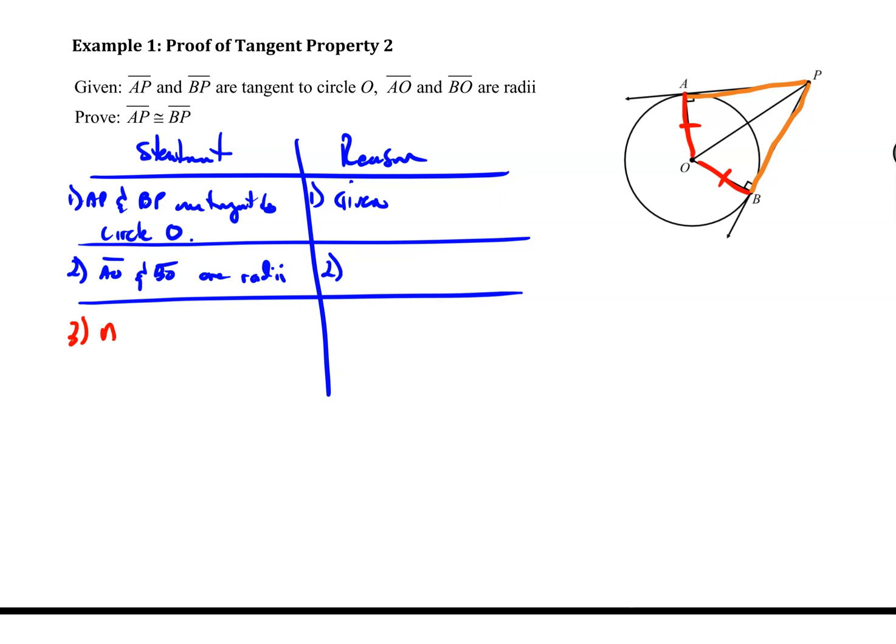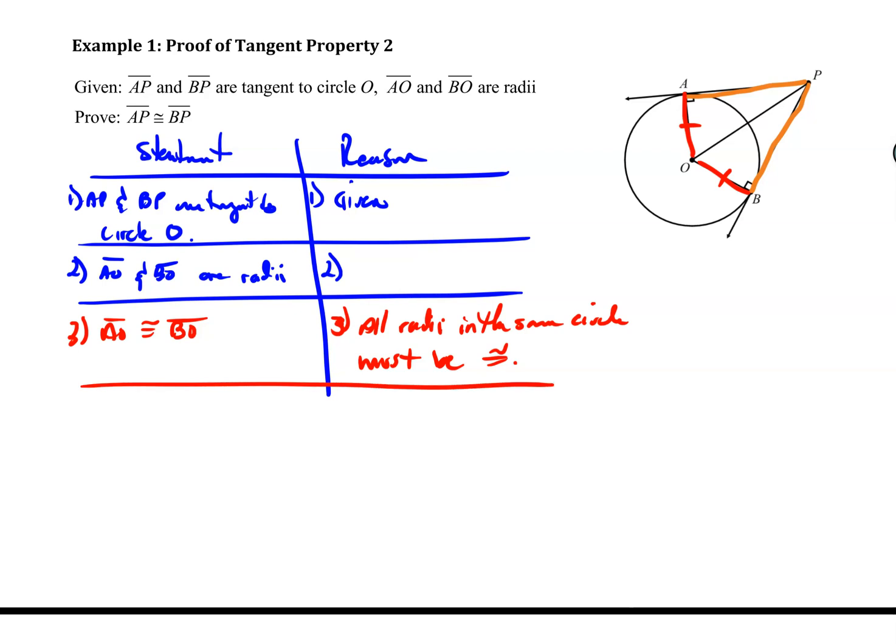So we can now say that AO is congruent to BO, and my reason for that is that all radii in the same circle must be congruent. That's the definition of a radius. Anywhere I draw a radius inside the circle, they all have to be the same size.